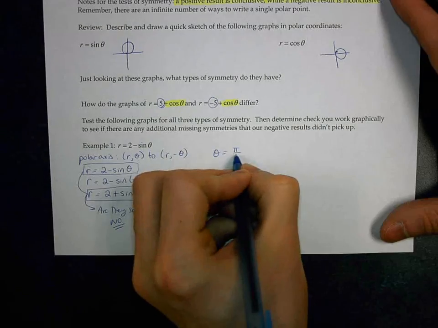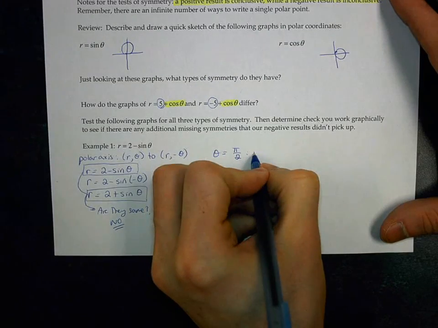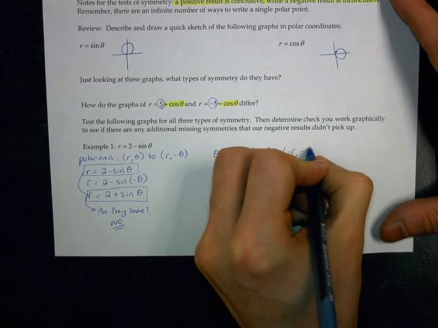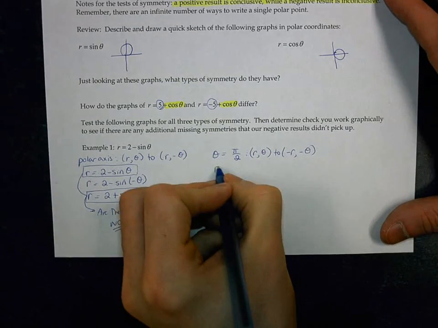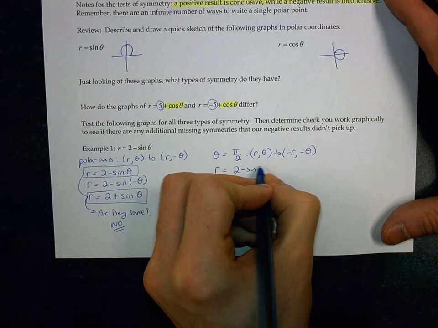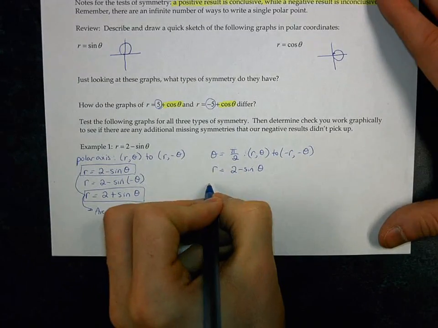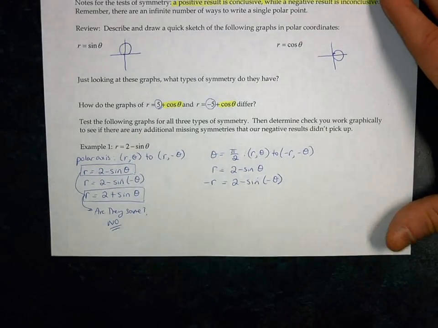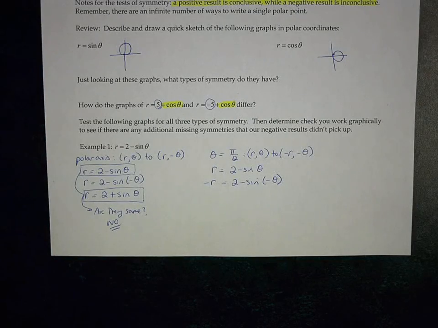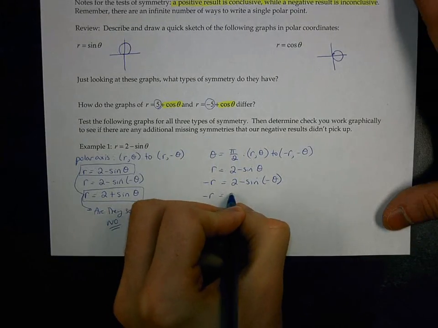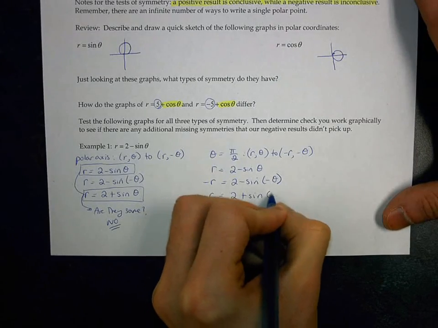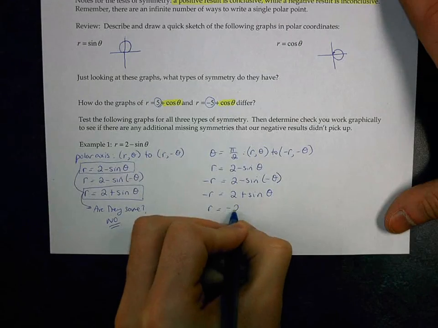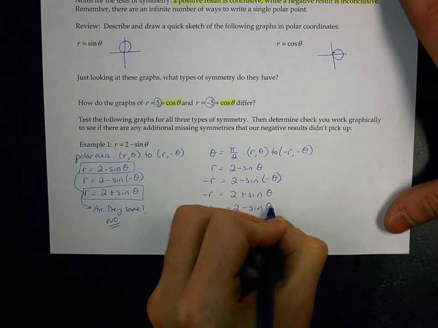The second one, theta equals pi over 2. For that one, for every r, theta, we're going to plug in negative r, negative theta. So my original, r equals 2 minus the sine of theta. I'm going to plug in a negative r, and then I'm going to get r by itself. So we'll first, once again, apply that even and odd identity. Sine is odd, so the negative sign comes out. And then we'll divide everything through by a negative.